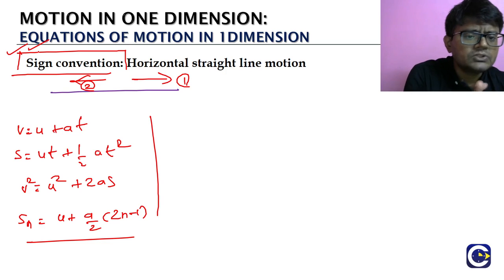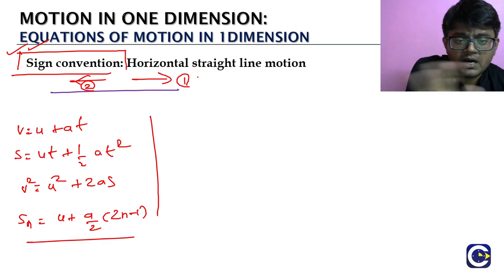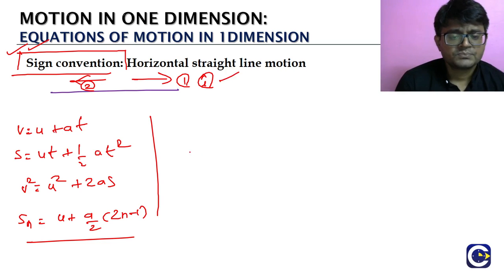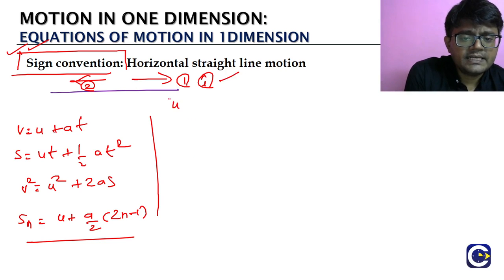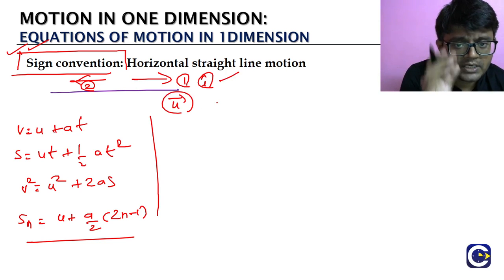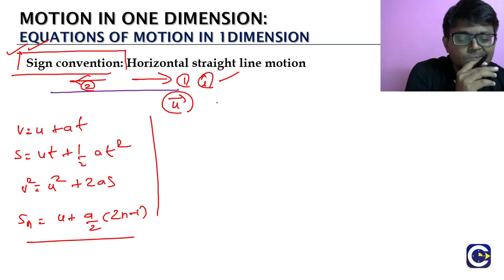Okay, so let us say that in the derivation we have taken that all of them are in the right side direction, which we are calling the I cap. So let us say this is the direction of the initial velocity. That I cap or positive x-axis is the direction of the initial velocity.